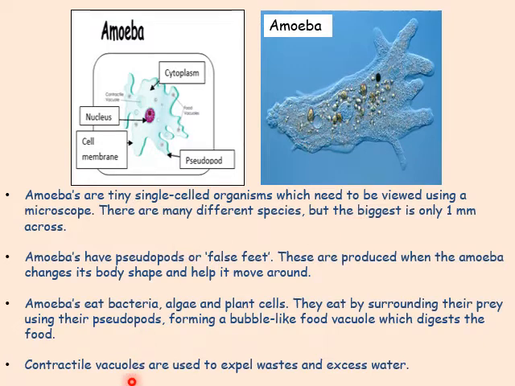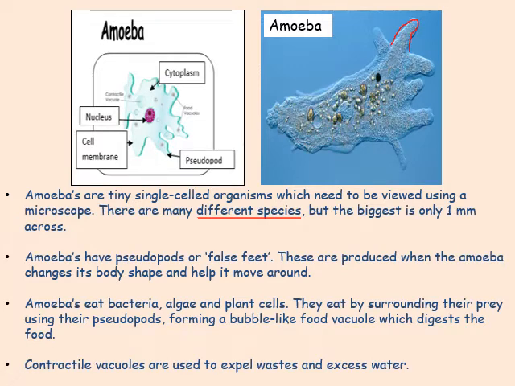Now, there are many different species of amoeba, so not all amoebas are classed as the same species. But what makes them interesting and really cool is these little things here, these pseudopods.